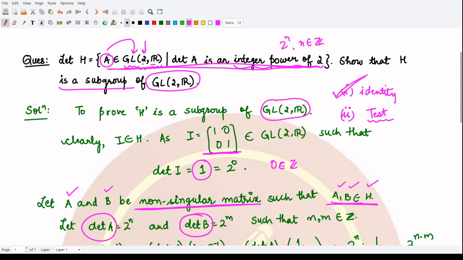Let's call the determinant of A equal to 2 raised to power n and the determinant of B equal to 2 raised to power m, where both n and m are integers.